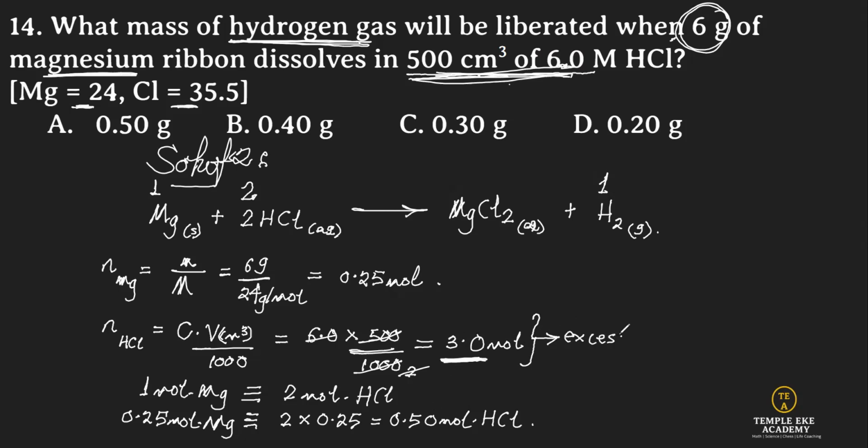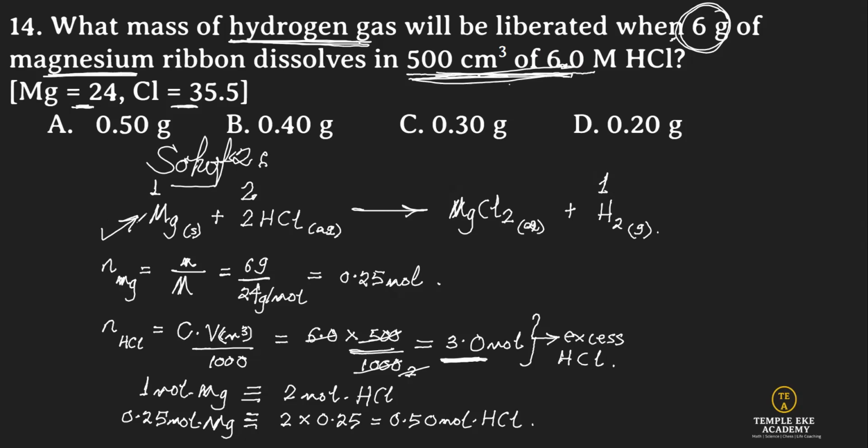It is present in excess. We require 0.5 mole of hydrochloric acid, but we have available 3.0 mole. So excess HCl available. And this means the limiting reactant is magnesium. We're therefore going to base the reaction on magnesium.